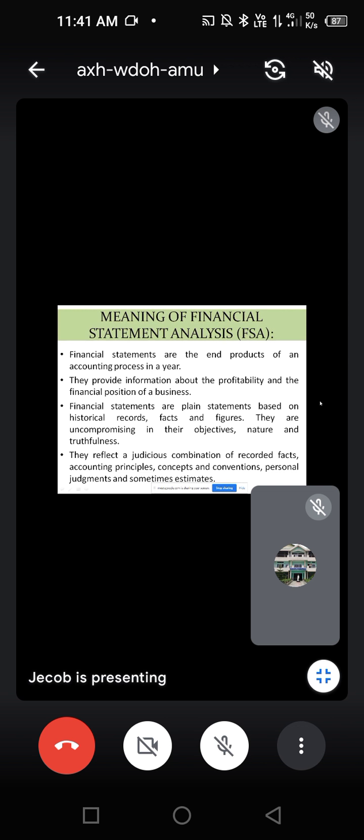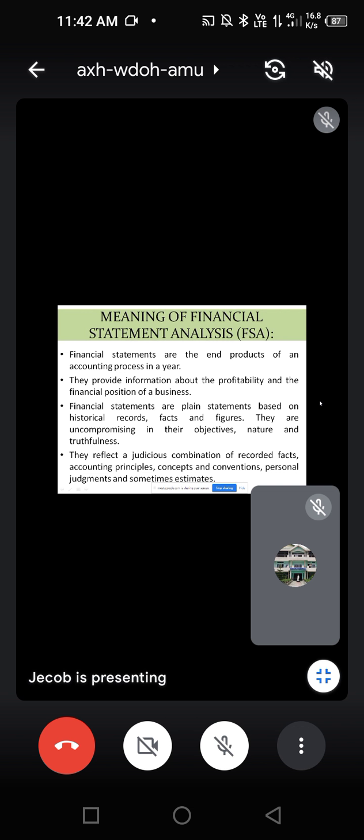That is basically the accounting process. It's a cycle, and for every year we continuously follow this activity, and these statements are prepared every year. These statements give information about profitability and financial position, which is basically reflected by the income statement and the balance sheet.